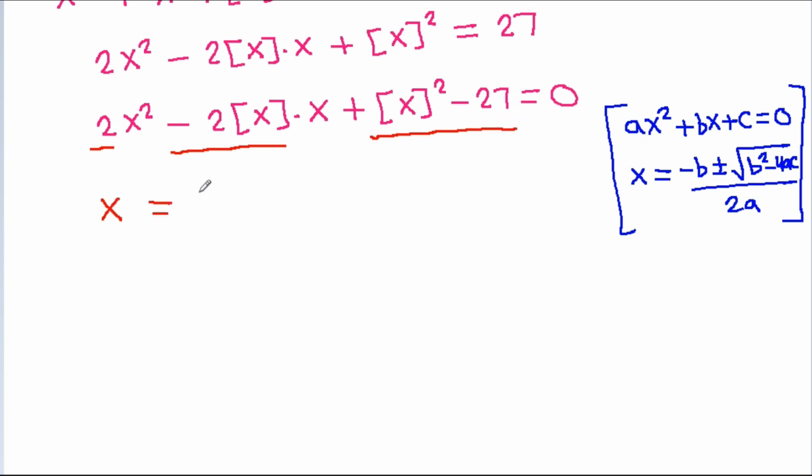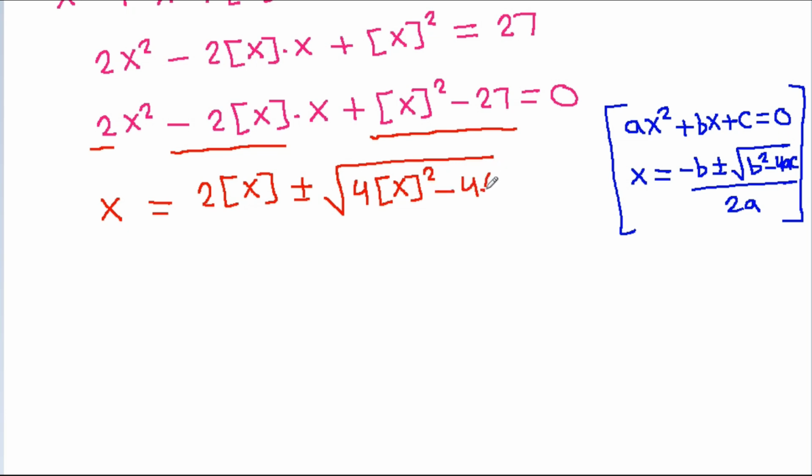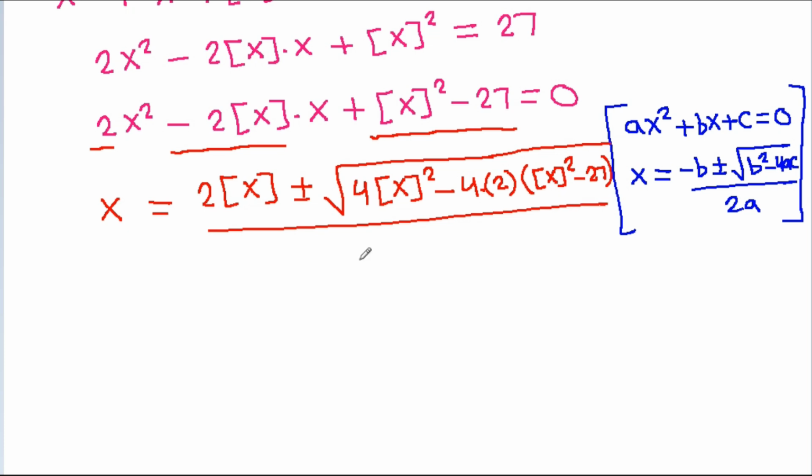So x will be equal to 2[x] plus or minus square root of 4[x]² minus 4 times a, which is 2, and c, which is [x]² minus 27, by 2 times a, which is 2, and these 2 will get cancelled.